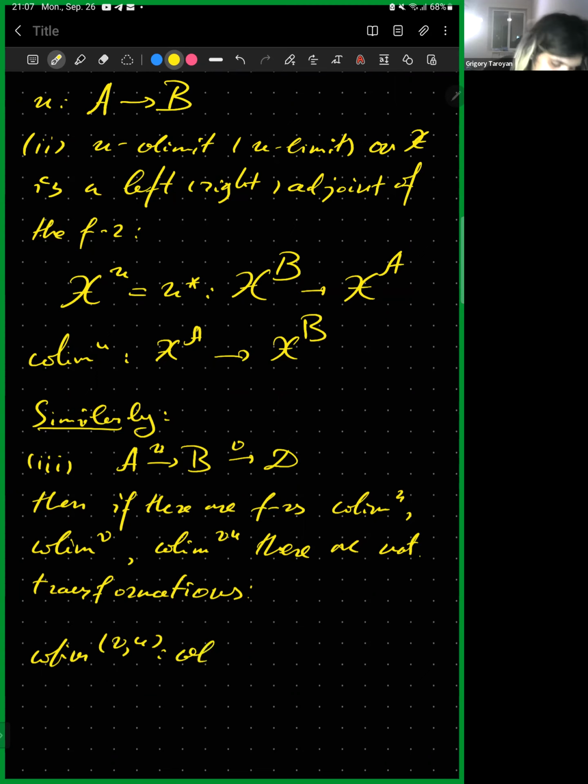And these are the transformations from the composition of two colimit functors to the colimit functor of the composition.